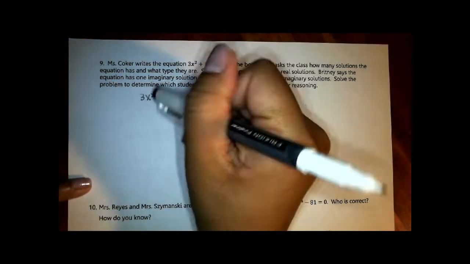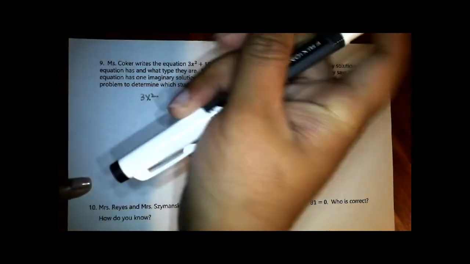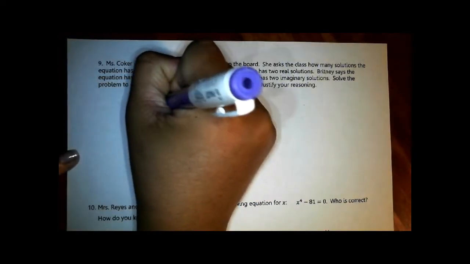Alright, so we start with the equation 3x squared plus 108 equals 0, right? And what we're trying to do here is solve. So in order to solve, we're going to follow the same steps as before.